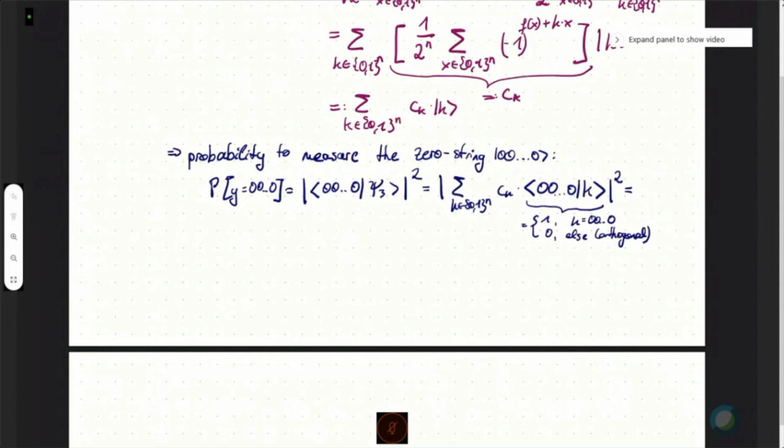So instead of summing over k, we just need to take for k the 0-bit string. So we just get the coefficient c for the 0-bit string, and then the absolute value squared. This would be the probability. Now we just need to look again at how we defined the c and determine this probability, this coefficient c for k equaling the 0 string, and then we're done.